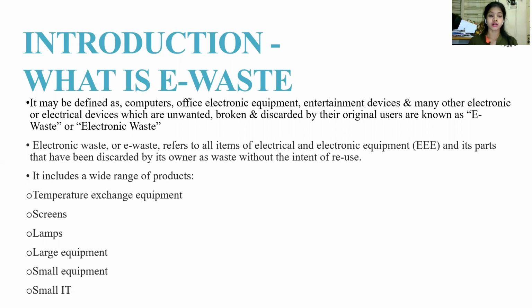Electronic waste also refers to all the items of electrical and electronic equipment, that is EEE, and its parts that have been discarded by its owners as waste, without the intent of reuse. It includes a wide range of products, such as temperature equipment, screens, lamps, large equipment, small equipment, and small IT equipment.